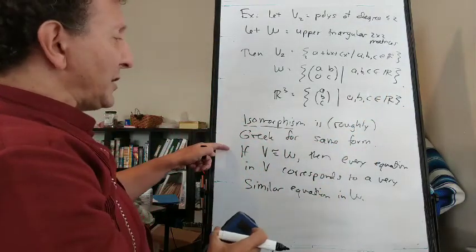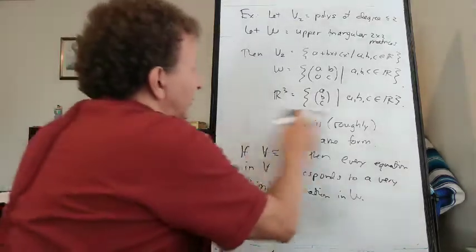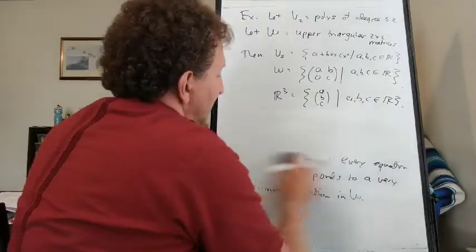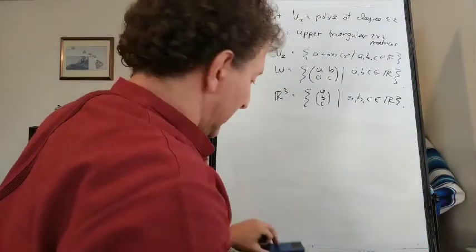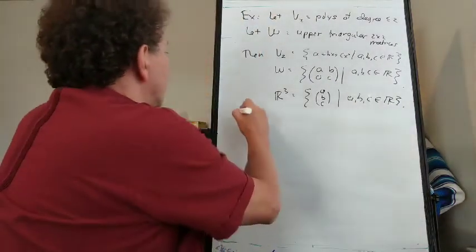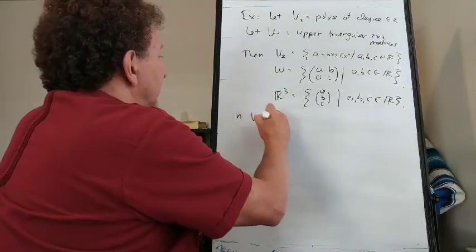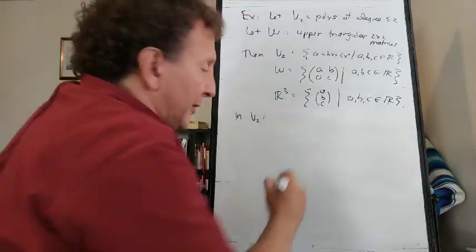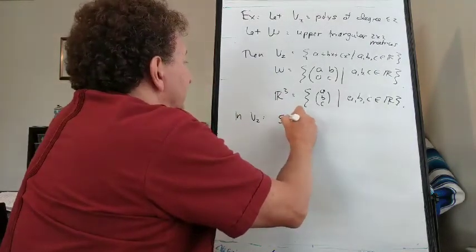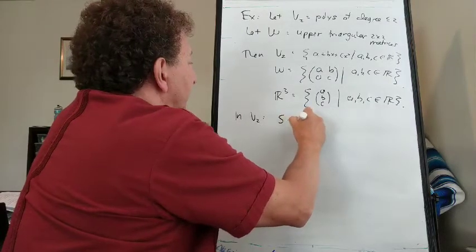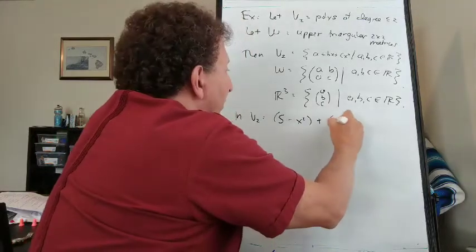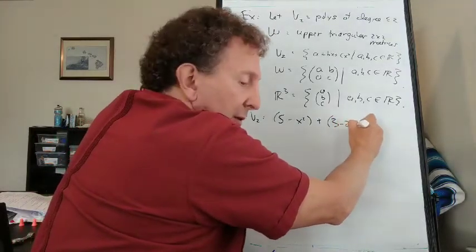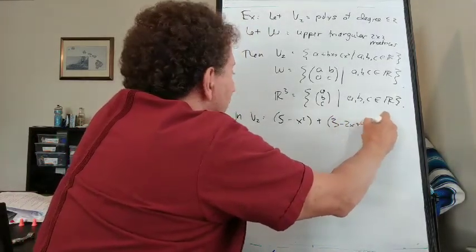And when I say every equation in one of these spaces corresponds to a very similar equation in the others, in V2 we have 5 minus x squared plus 3 minus 2x plus 4x squared.